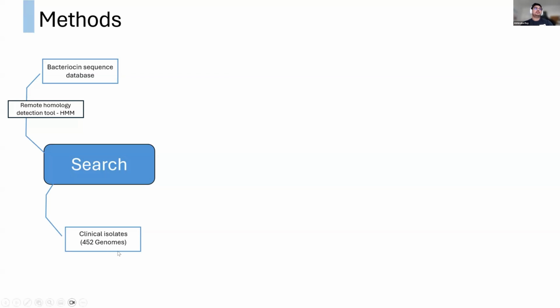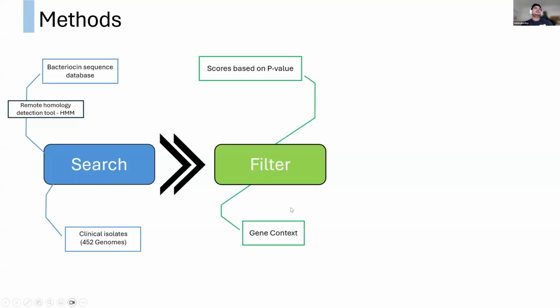We had 452 genomes, and we used this HMM-based model to hunt the bacteriocins. Then we used a non-specific filter recommended by the people who built the tool to filter out the false positives.